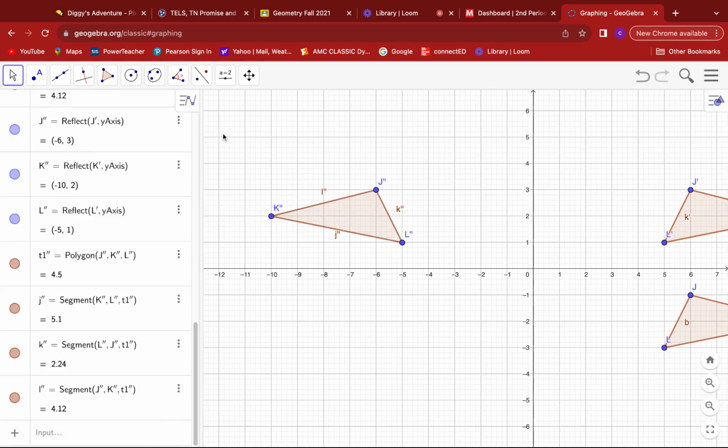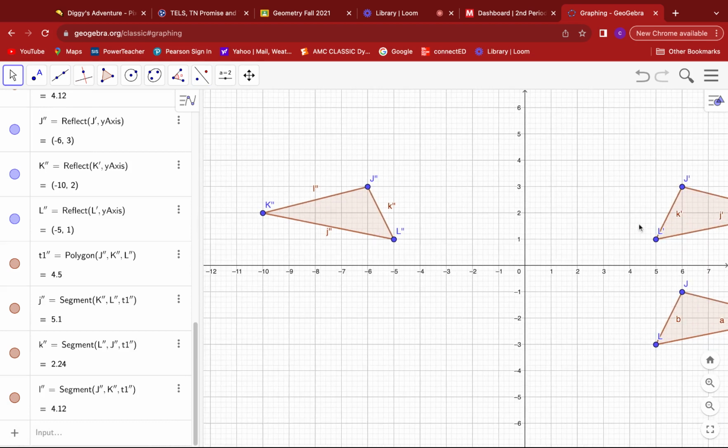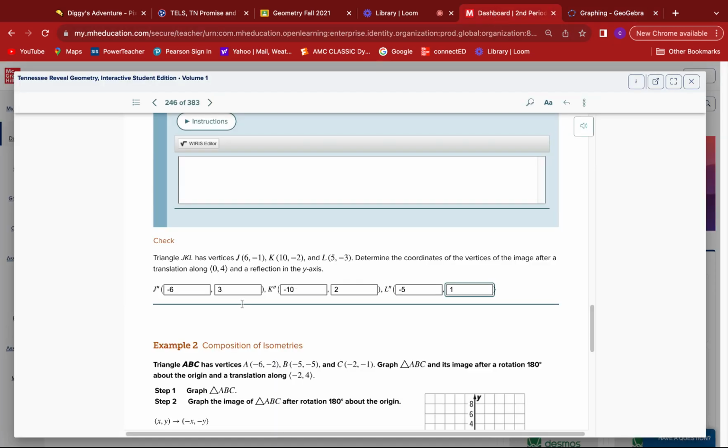There it is, my visual people. Same distance away. So L was 5 on the right of the y-axis. L prime is going to be 5 on the left. Same thing for J. J was 6 away on the right. J double prime is going to be 6 away on the left. Same thing for K.